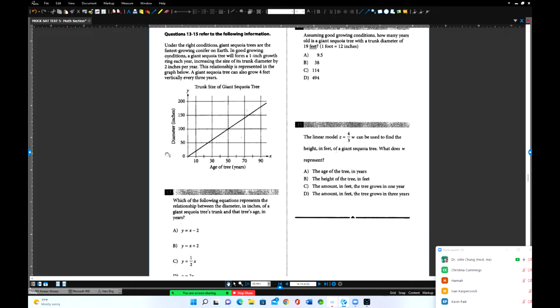In good growing conditions, a giant sequoia tree will form a 1 inch growth ring each year, increasing the size of the trunk diameter by 2 inches every year, okay?